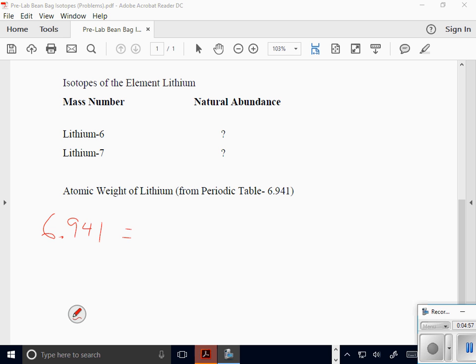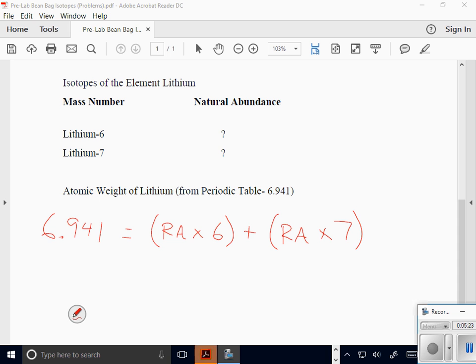Now, we said before, and I'm just going to use abbreviations for this, that the relative abundance times the mass. Well, one lithium has a mass of 6. I add to that the relative abundance times 7.